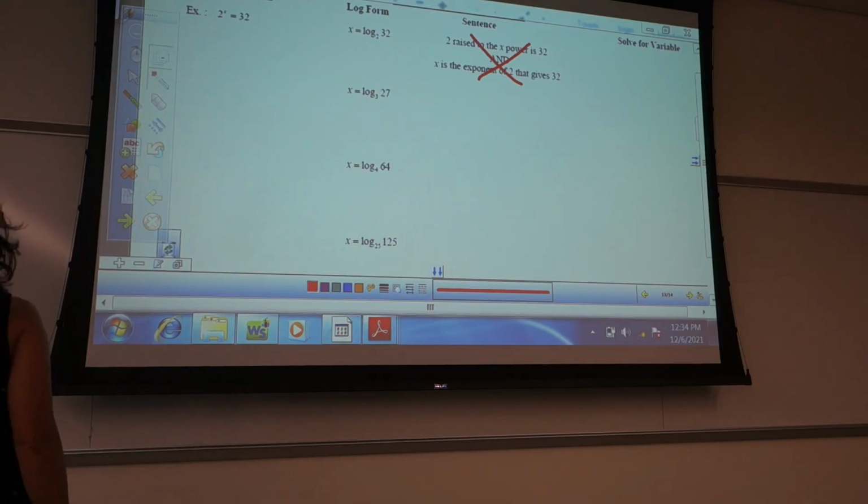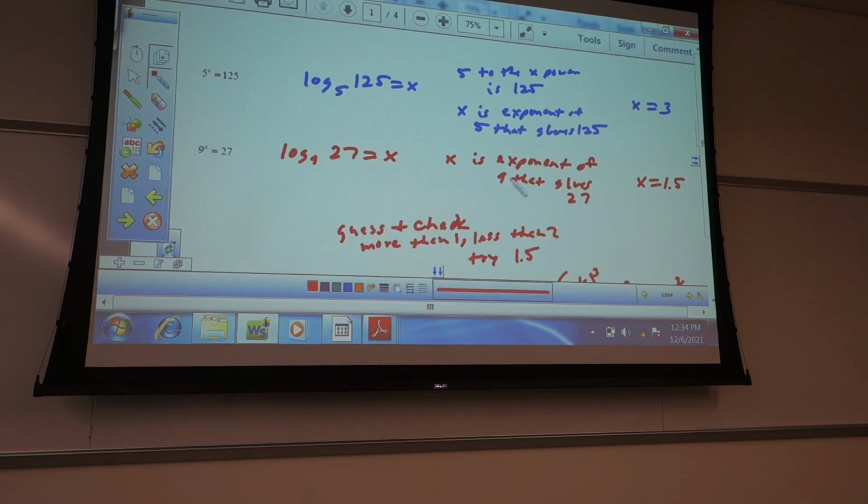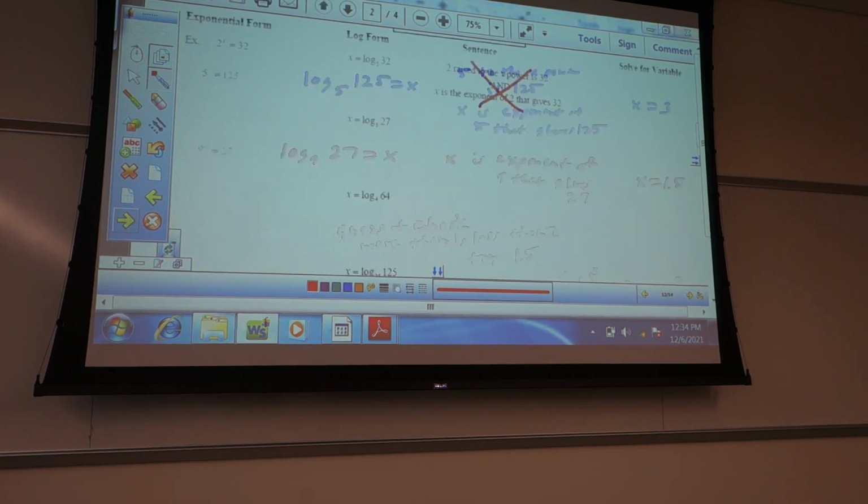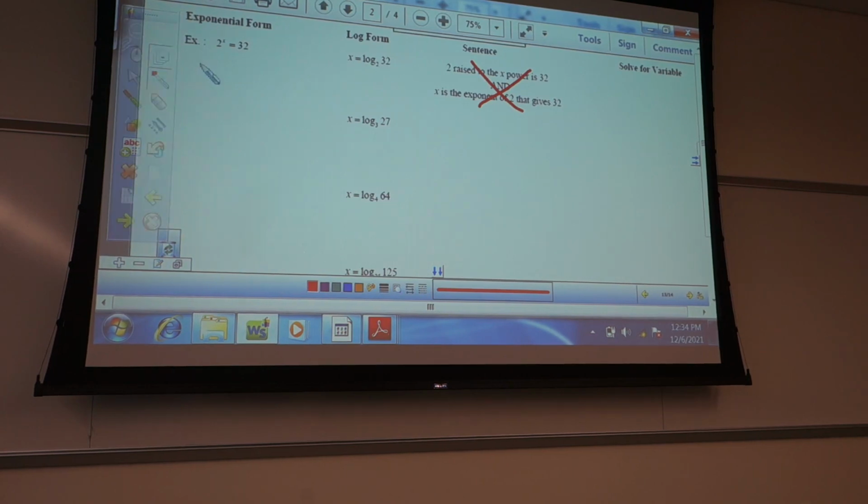Okay, so now we're just doing the opposite. Over here we rewrote exponents as logs. Now we're going to take our logs and rewrite them as exponents. So here, 3 is my base, x is my exponent, 27 is my answer.